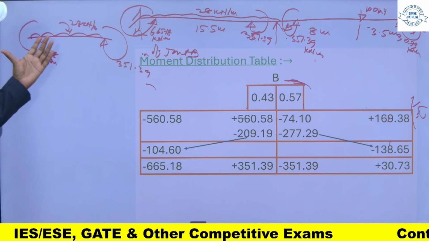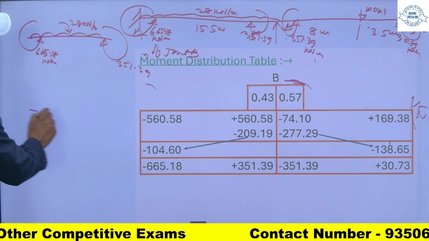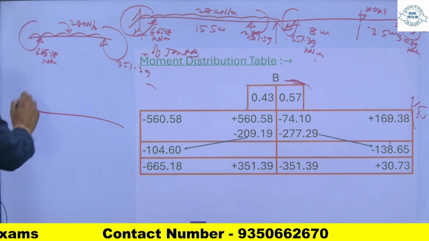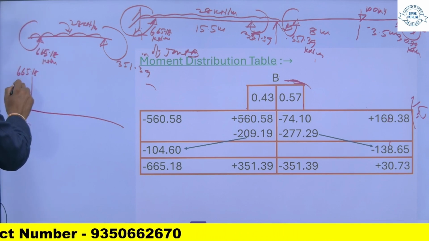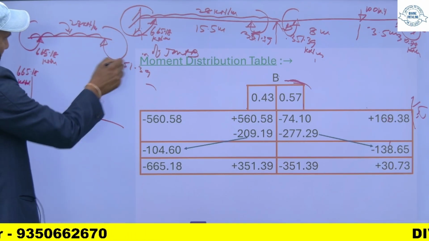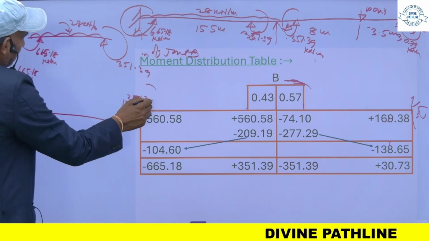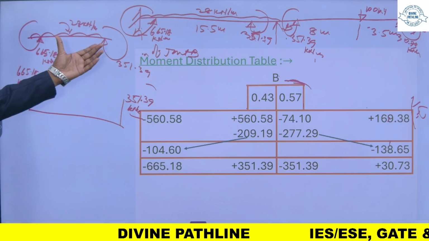The direction of the arrow is towards the tension side. So you plot this value in the direction of the arrow: 665.18, and this also upward, 351.39 kilonewton meter.